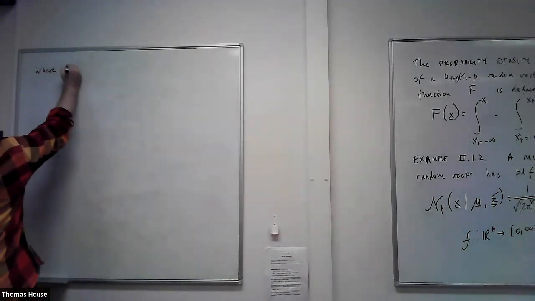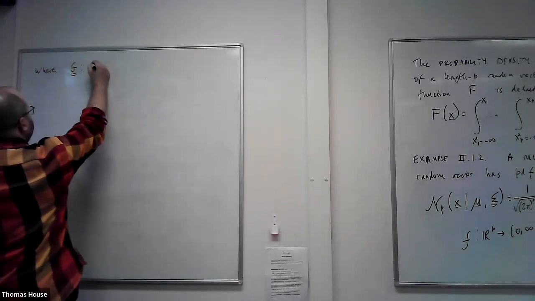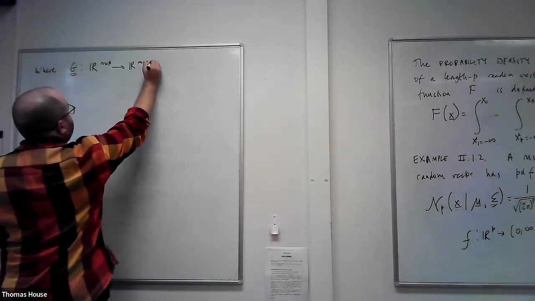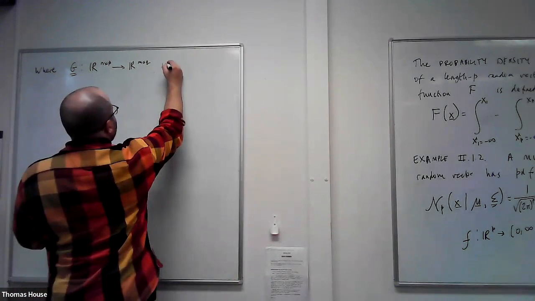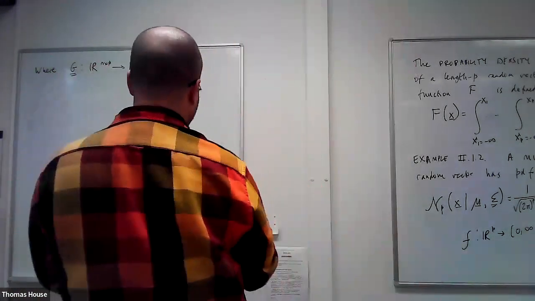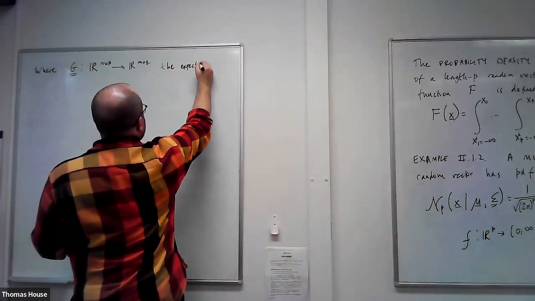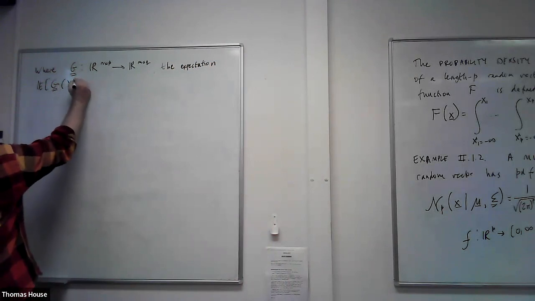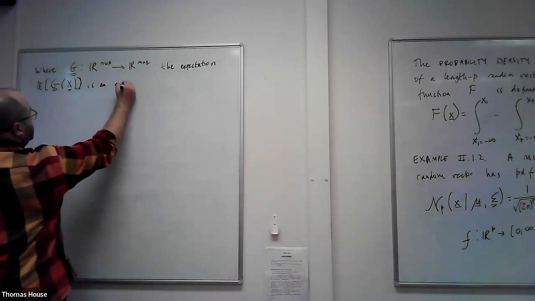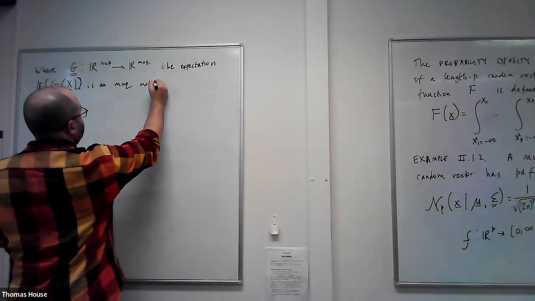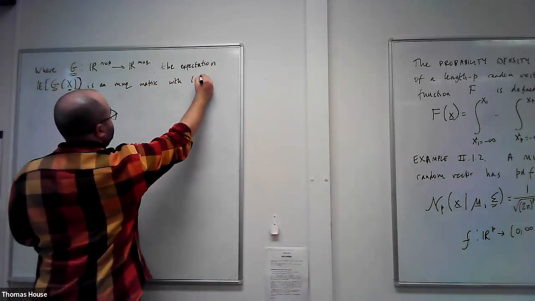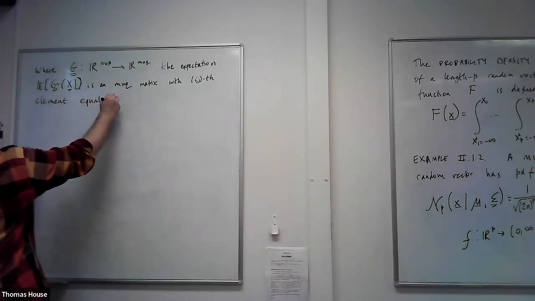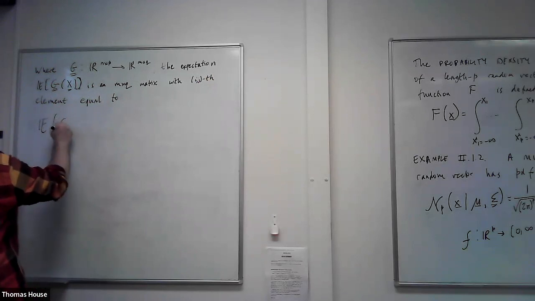And then where G is a matrix function that takes us from the original dimensions of our matrix into some other size, the expectation E of G of X is an m by q matrix with ij elements equal to the expected value of Gij.